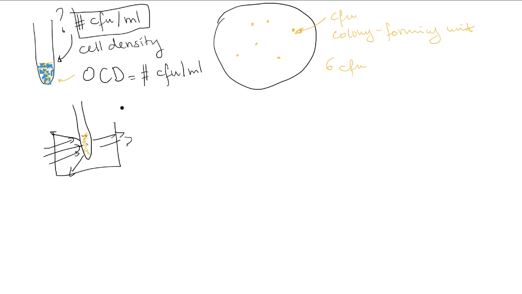But not always do we have this spectrophotometer. And the other disadvantage of a spectrophotometer, so I guess one disadvantage is you need to have the machine, and the machine is expensive. You need to have a culture that is relatively thin.